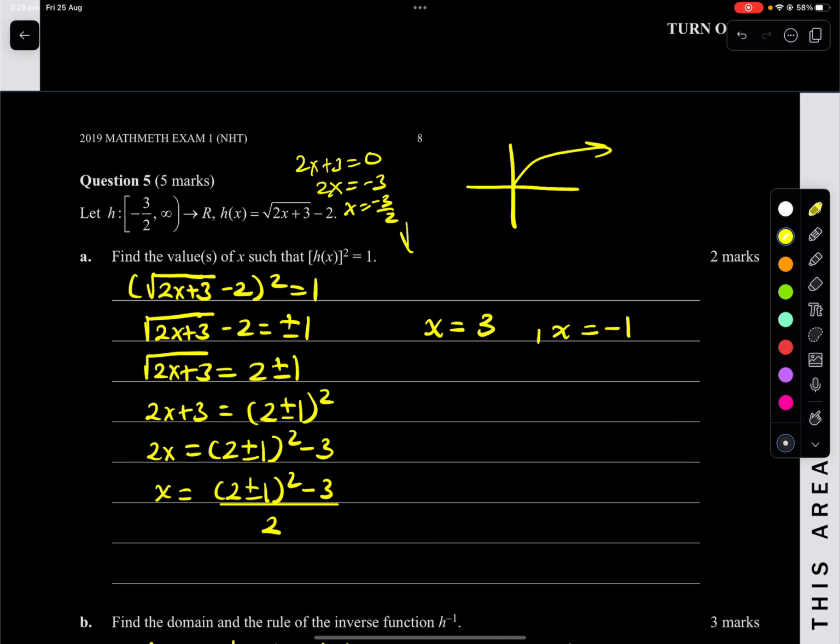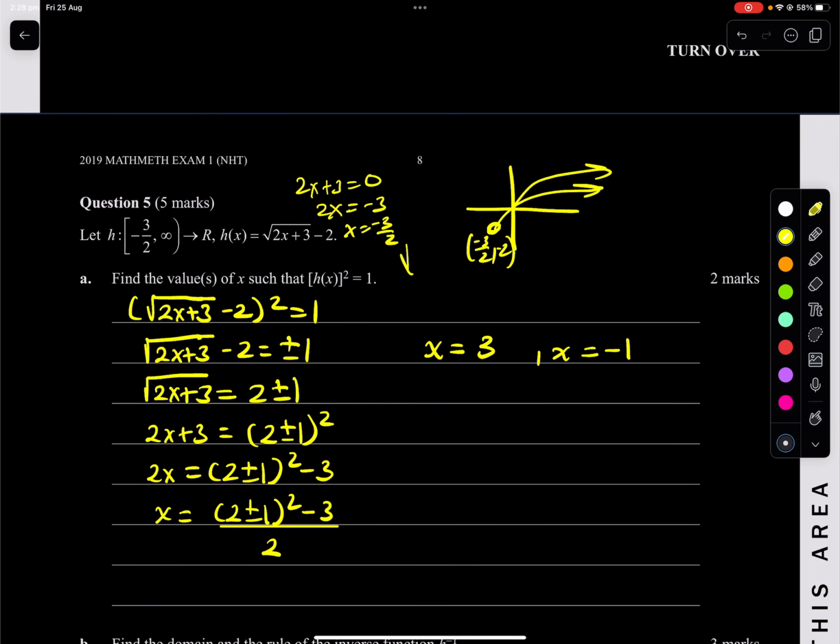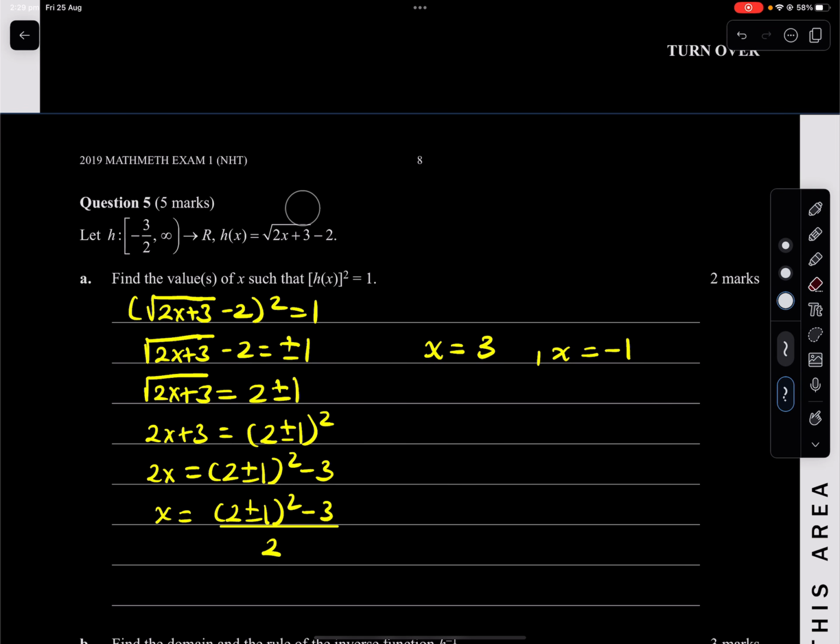Normally it's like this, so it goes this way and down 2. It's over here, at negative 3/2 and negative 2. And the range is from what? It's from negative 2 to infinity from the graph. So yeah, negative 2 to infinity.